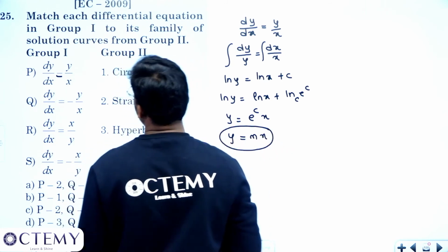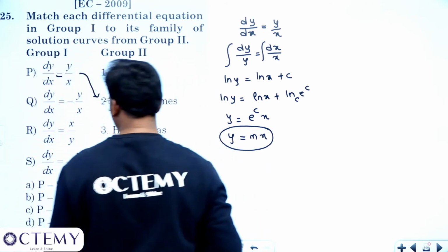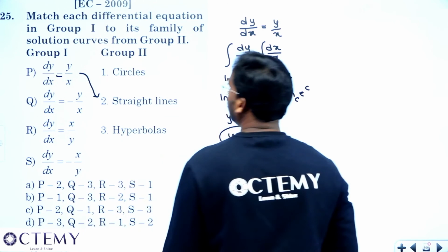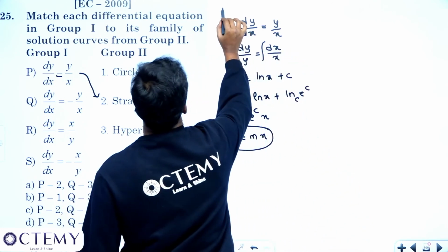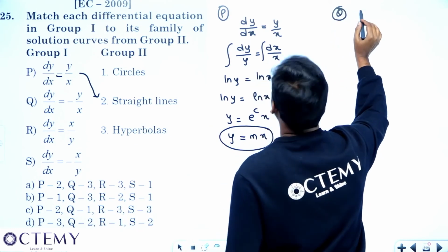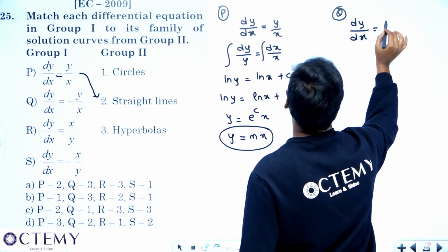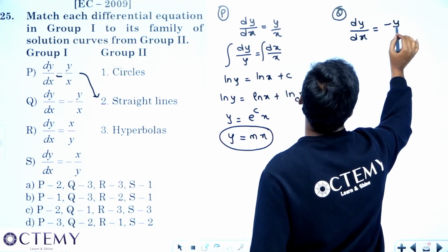So first one is what? It's a straight line, sir. P should be 2. So see, P2 is there in 2 options. Let me go to the Q. This is checking P. If I check Q, dy by dx is equal to minus y by x.